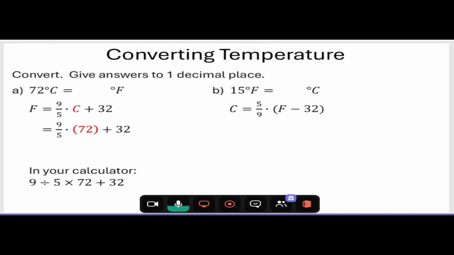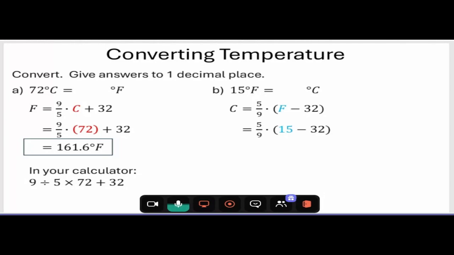We're going to type in 9 divided by 5 to get that fraction, then multiply by 72, and whatever that answer is, we're going to add 32. And you should get 161.6 degrees Fahrenheit. Give that a try in your calculator sometime just to check if you want. So 9 divided by 5 times the 72 plus 32.